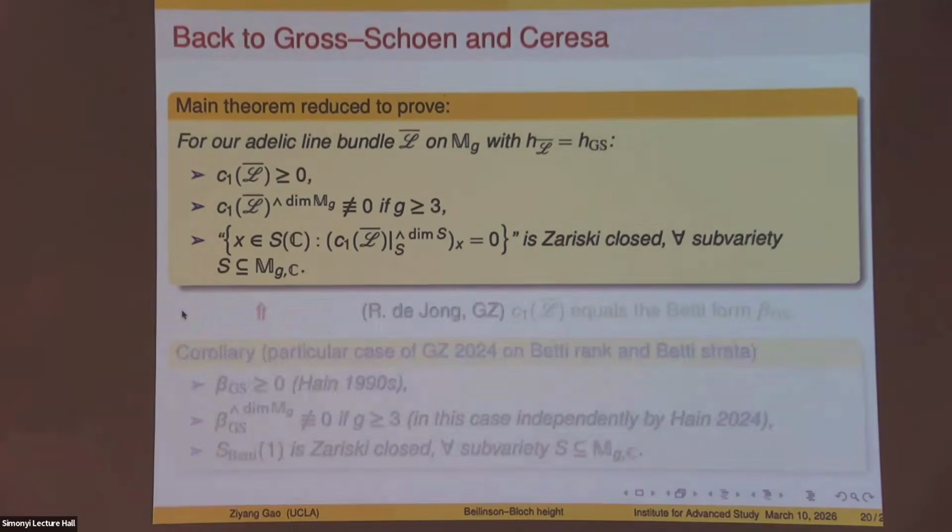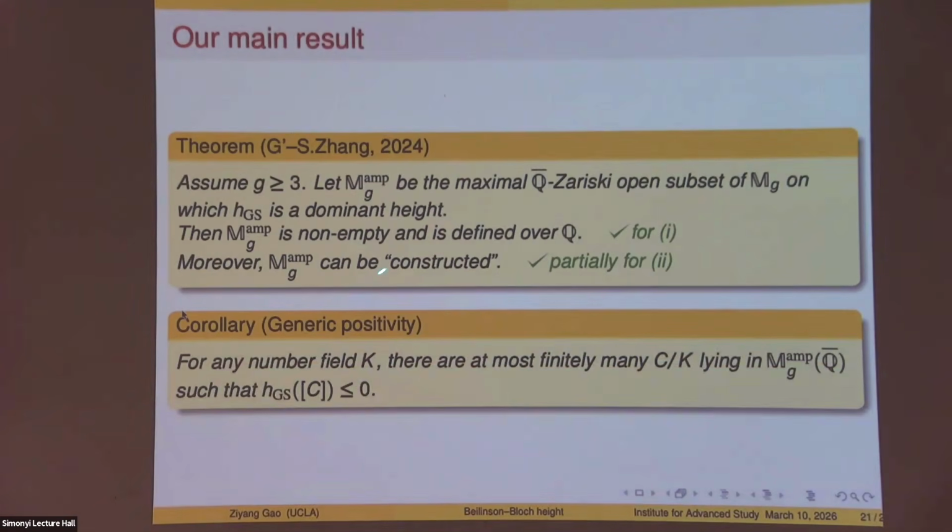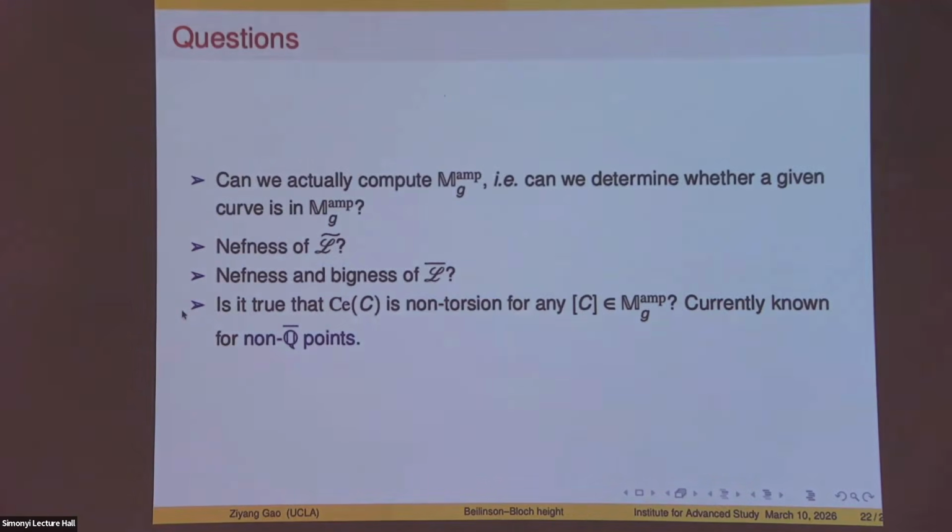In the proof before, because in the end we descend after all the descent and so on, what we've shown is that this part two, this ample locus, is the complement of the Betti strata. It's exactly the complement of the Betti strata. And we sort of prove that this Betti strata is defined over Q. That is what I really mean by descent over Q. But this still doesn't answer the question: given any curve, can you check whether it's in the Betti strata or not? This doesn't answer that question.